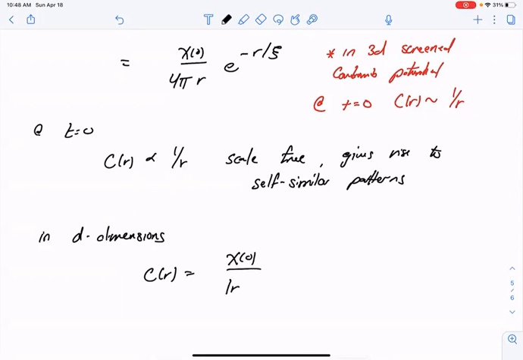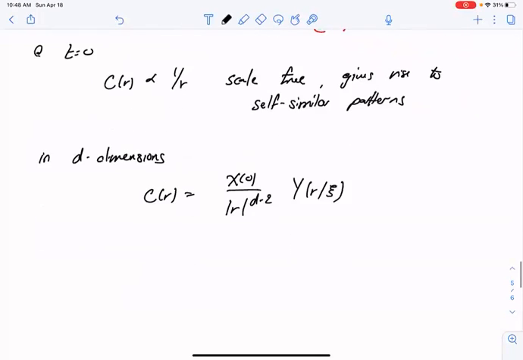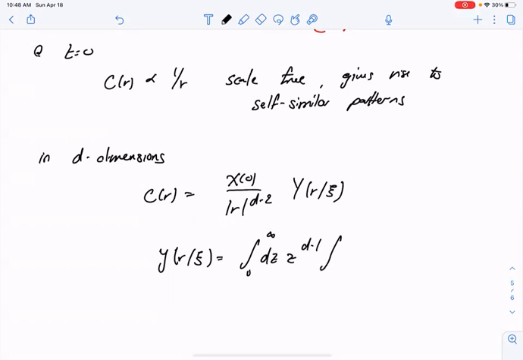It will still decay algebraically to the d minus 2 with some function y scaled by the correlation length, where this y function is an integral over a dummy variable like the modulus of q, and an integral over the solid angle. It's a modulus of q non-dimensionalized by the correlation length.